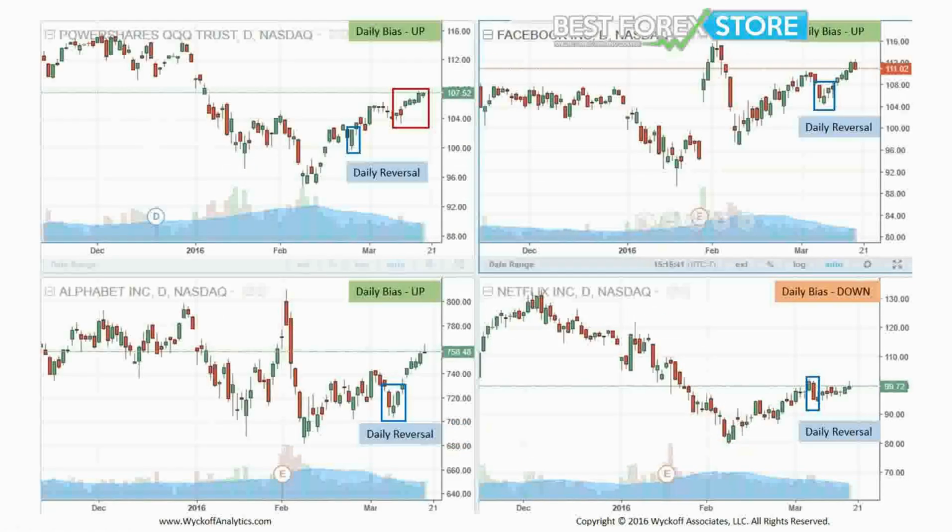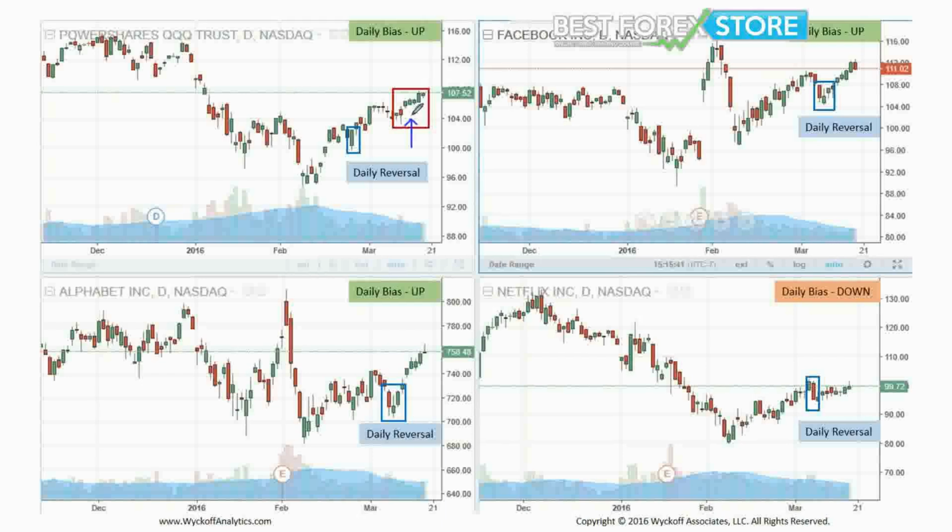The first thing that you're still going to do is you're still going to look at the daily bias. So here are the daily charts for all 4 instruments. All of the trades that we're going to look at are going to be in this area right here.